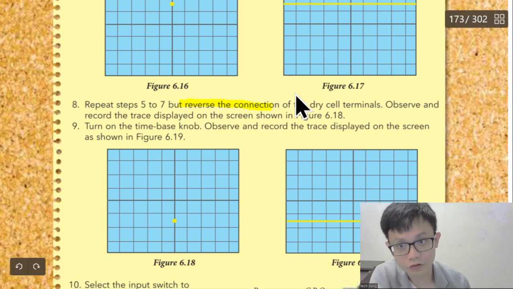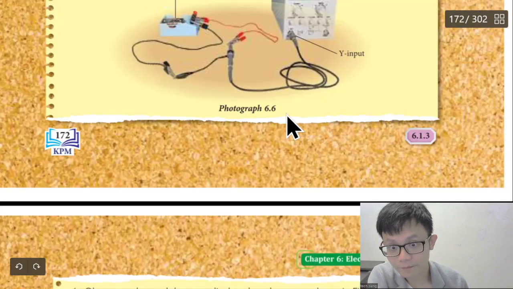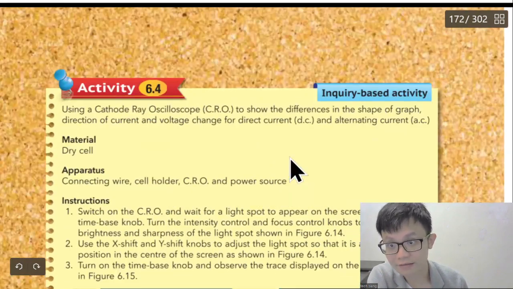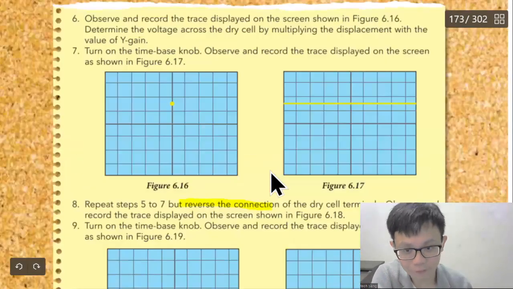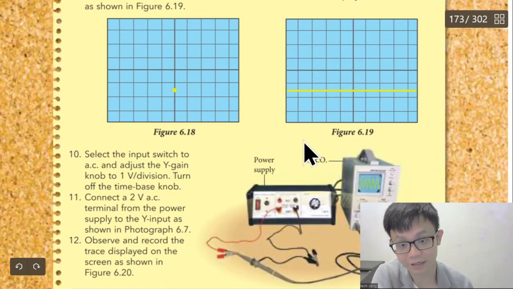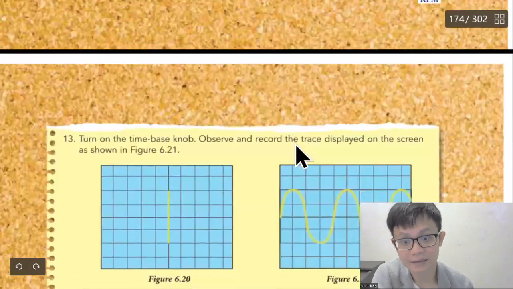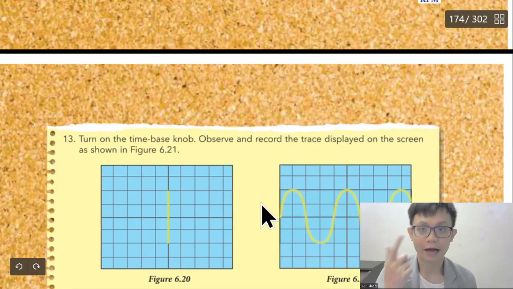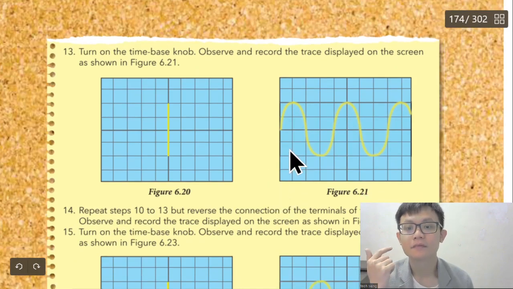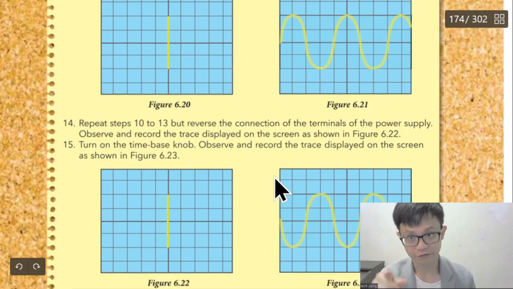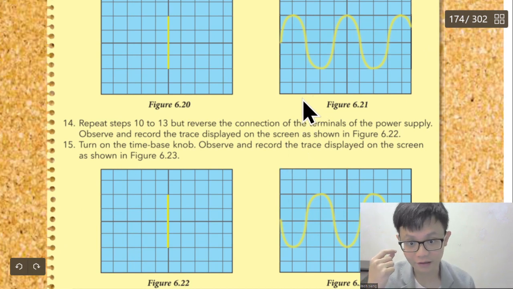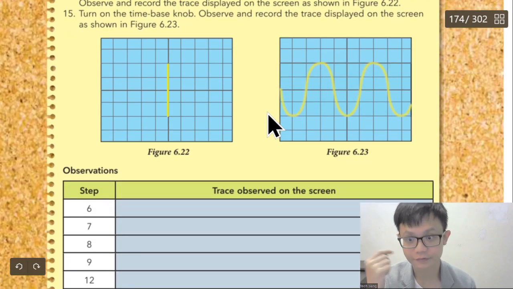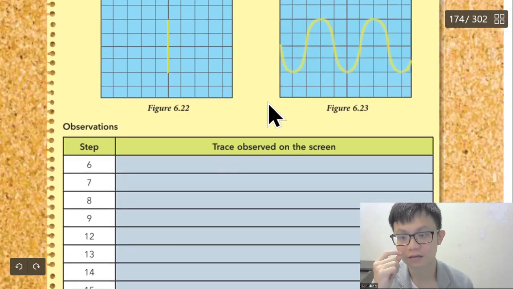But if you want to use a CRO, then you can see. Yeah, CRO, sorry. Then you can see the electric, whether it is direct current, how much current, whether it is alternating current, whether the alternating current goes in front or behind, and we can see the frequency of the current, whether stable or not stable.